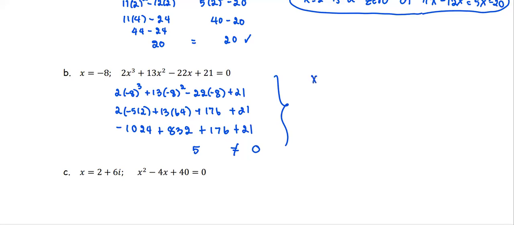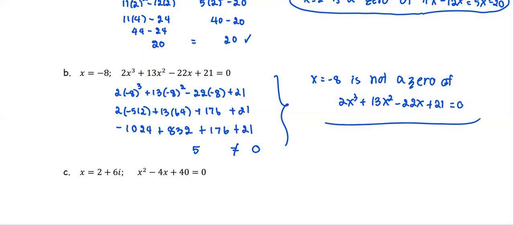Therefore, we can say that x equals negative 8 is not a zero of the polynomial function 2x to the third plus 13x squared minus 22x plus 21 equals 0.